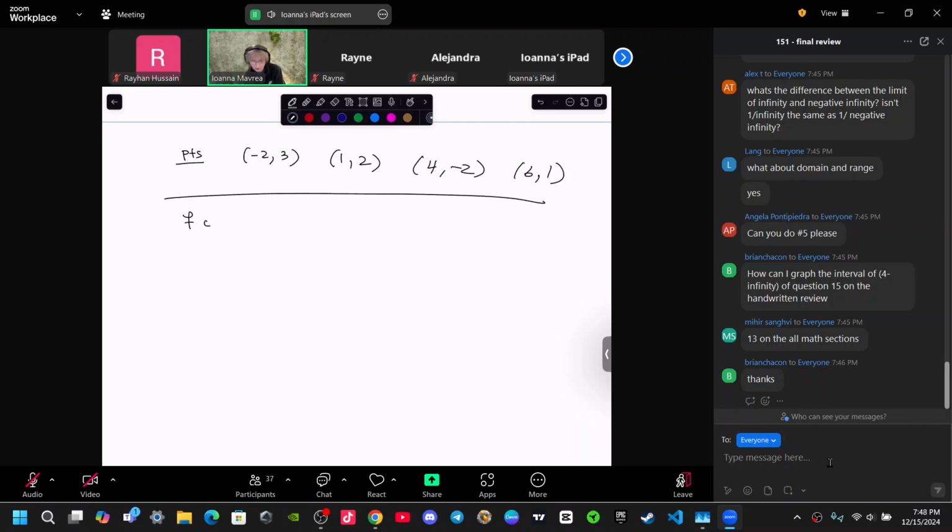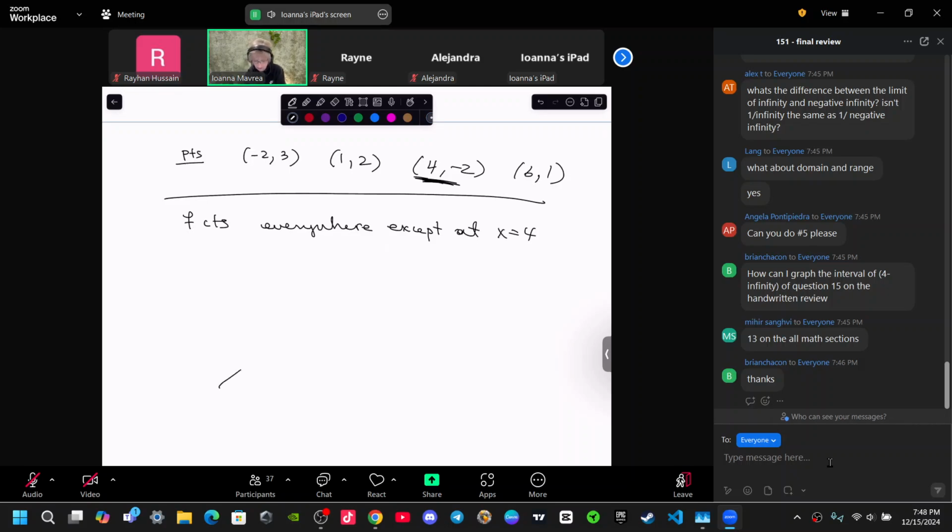Also, the function is continuous everywhere, except at x equal 4. So here, there's an issue. There's a jump. Just because the function is not continuous at 4 doesn't mean x equal 4 is not in the domain.